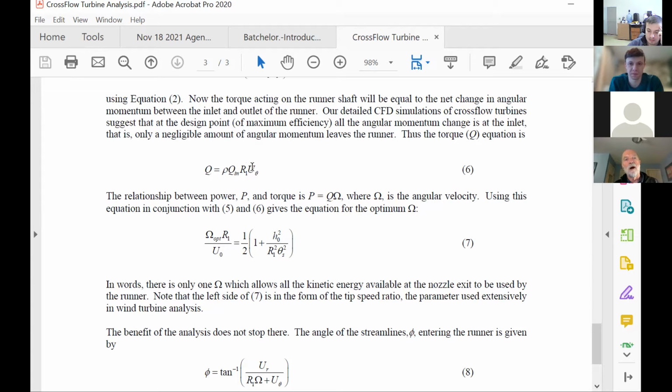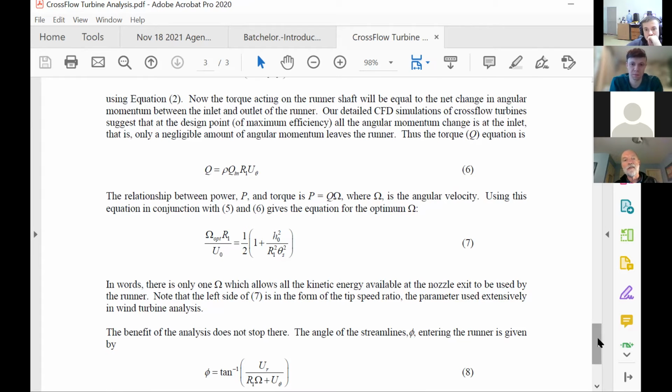Multiply that by omega, and we have the power extracted as torque times omega. We balance that against the kinetic energy term, and we have a condition for maximizing the performance of this turbine. And probably about the end of this lecture, we're going to see exactly the same way to optimize the performance of a Pelton turbine.